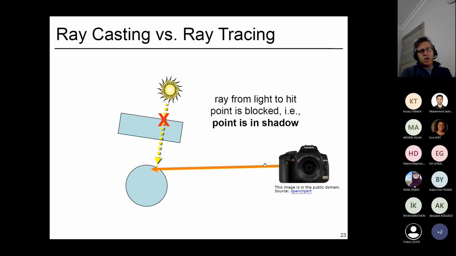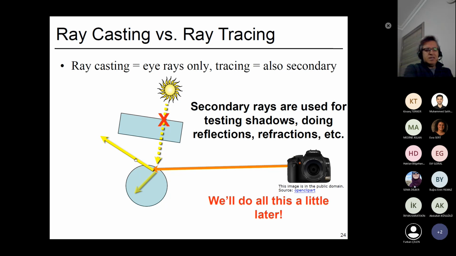So you can say, okay, yes, I see this point from my camera, but is this point visible from my light? In that case, ray tracing is in a way going from the light to the object and to the camera.